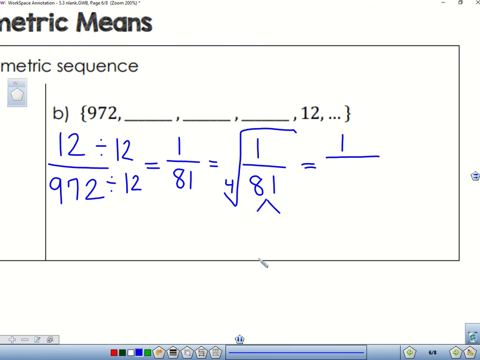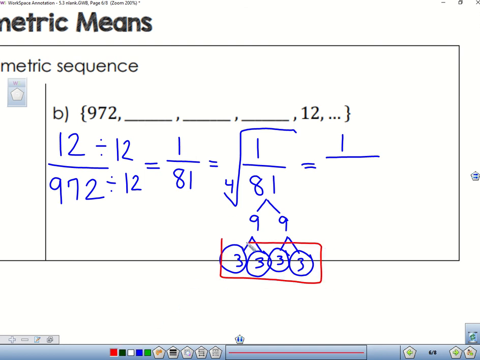Remembering back to your days of doing roots, we know that 81 breaks up into what? 9. Good, 9 and 9. And 9s break up into what? 3 and 3. And we're looking for groupings of what size? 4. Groupings of 4 because it's the fourth root. So do we have a perfect fourth root here?